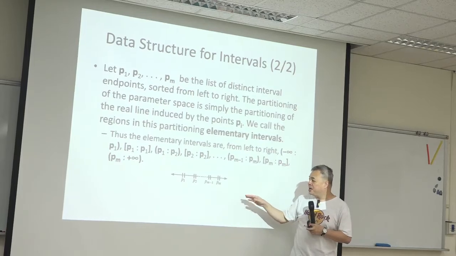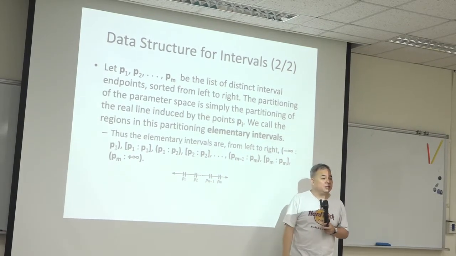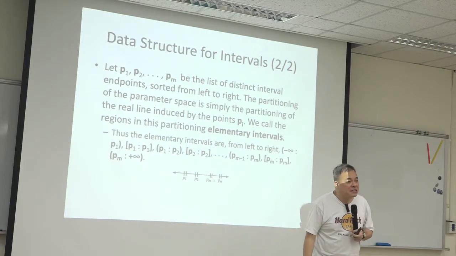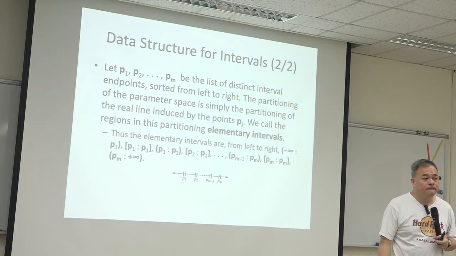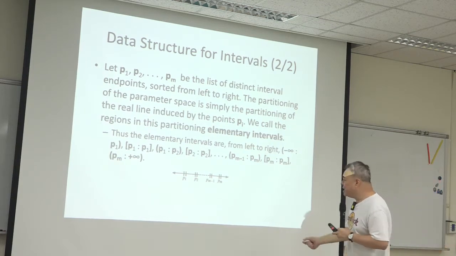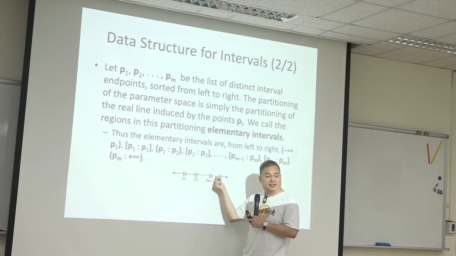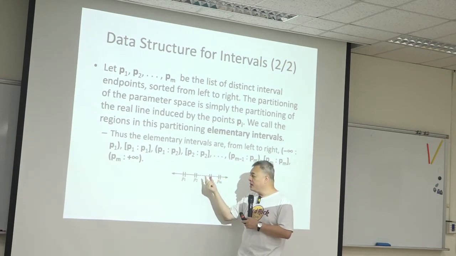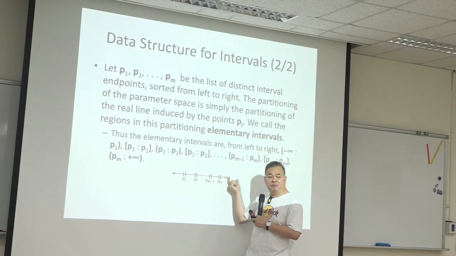So if you have n endpoints, how many regions are you going to end up with? You will have n single point regions, and also n plus 1 regions in between.